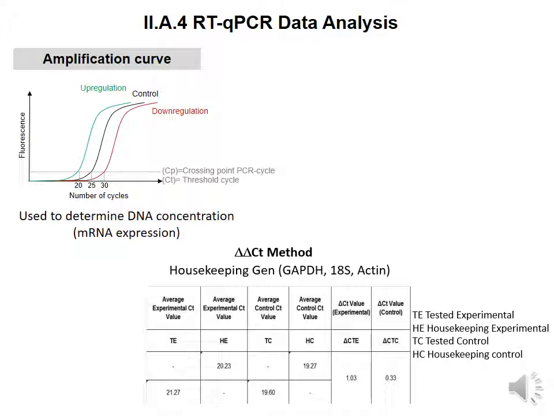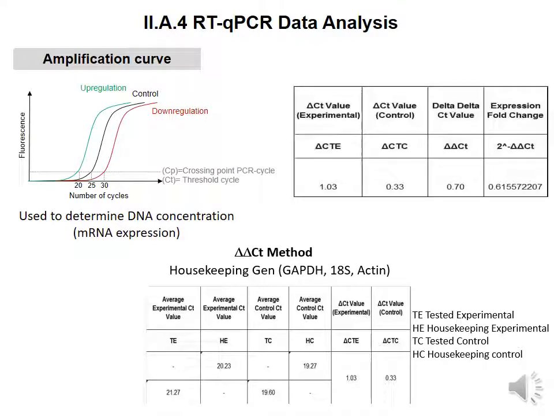And now you calculate the differences between the TE and the HE, and the TC and HC. And these are your delta CT values for the experimental sample and the control sample. Then you have to calculate the difference between delta CT experimental and delta CT control. And this is what gives you the delta-delta CT.